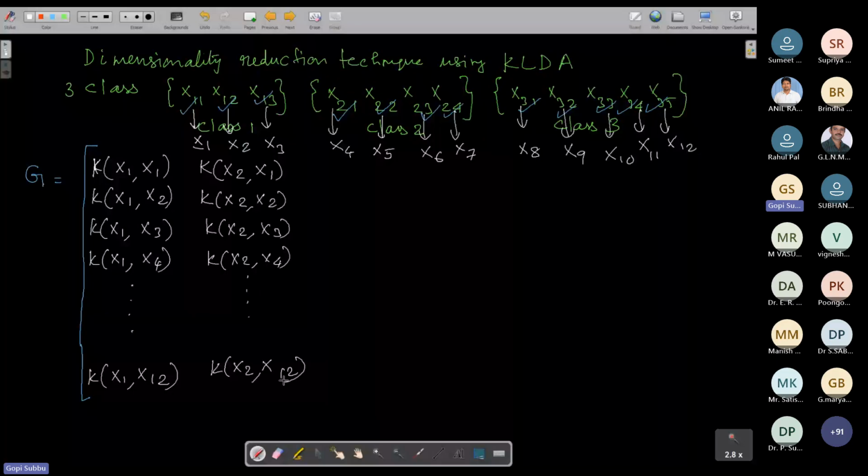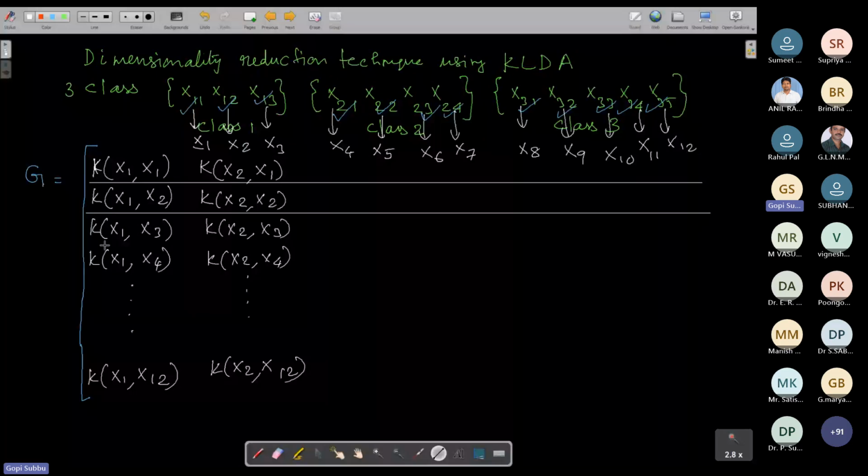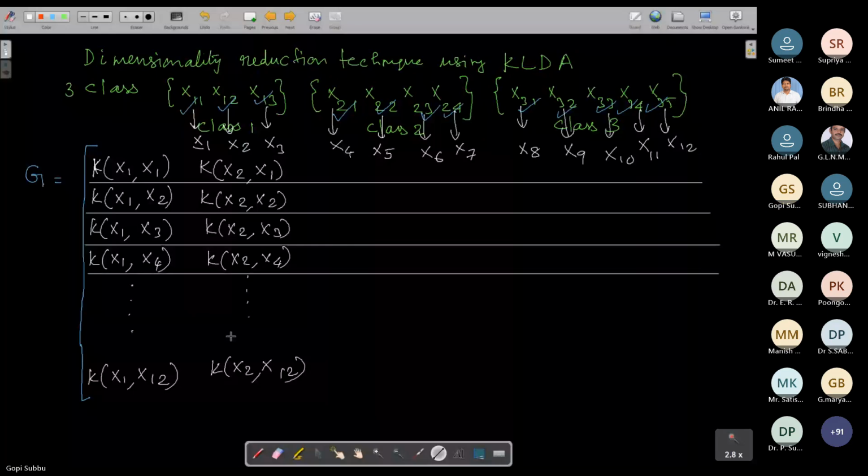I hope you got this point, right? So you are going to construct the matrix like this. It's a big matrix; for this particular case, it is a 12 cross 12 matrix.